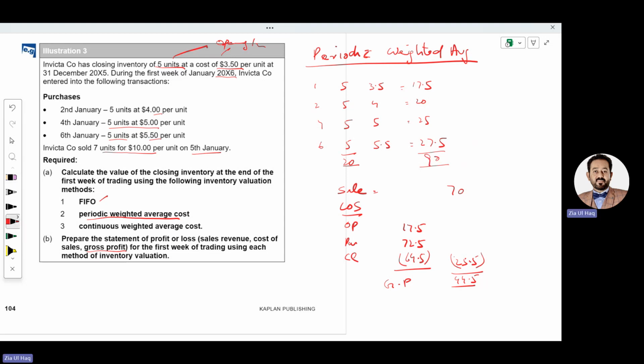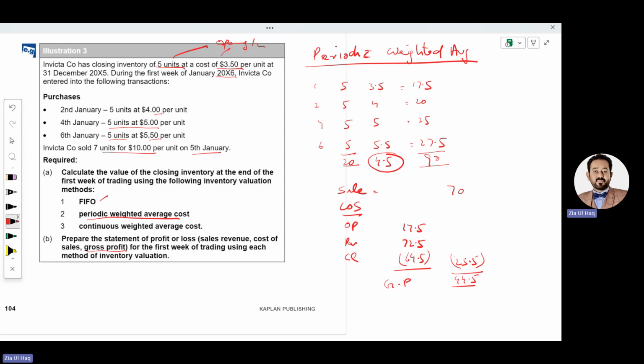So 90 by 20, what is that? 4.5 or 5.5? 4.5. 90 by 20, simple. 4.5 is the average price per unit.